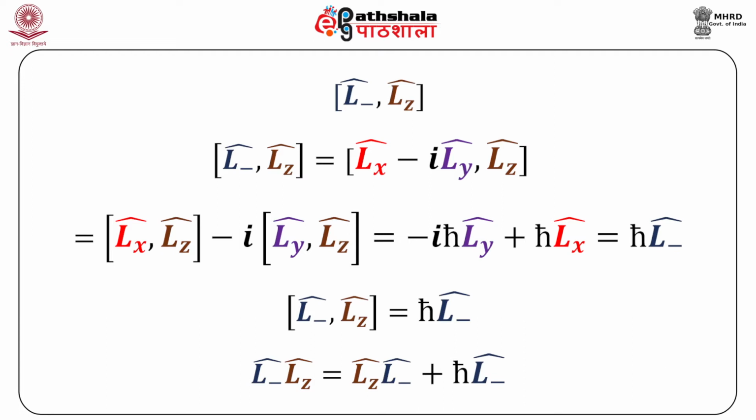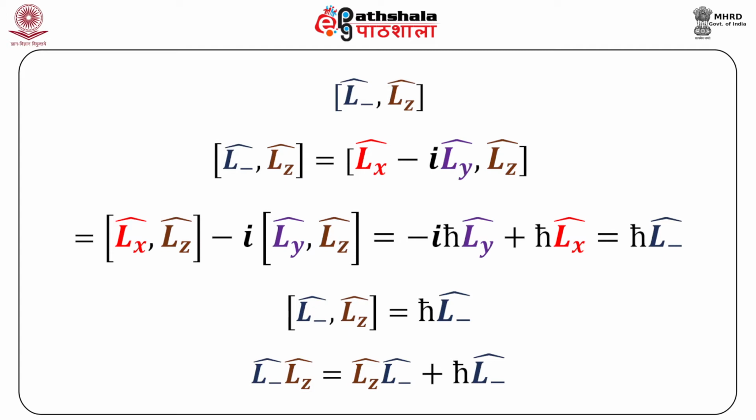Now, this commutation relation on simplification gives minus iħLy plus ħLx, which is equal to ħL minus. That means the commutator of L minus and Lz is ħL minus.